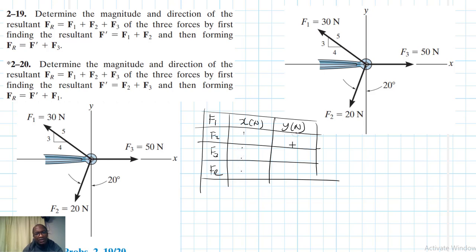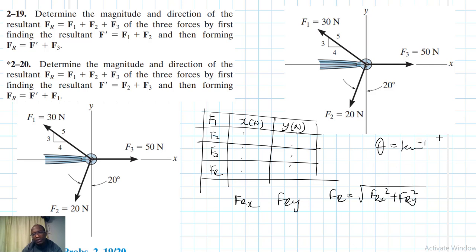Then we start filling this up, and later on find the resultant FRx, FRy, and the resultant, which is just equal to the square root of FRx plus FRy squared, and theta is just equal to tan inverse of FRy over FRx, and related there how we want it to be positioned and so on.